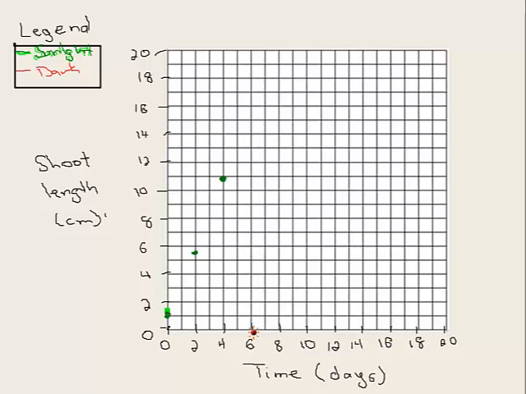So I go across to my 6-day mark for the next data, and it's 13.3. So I go up from 6 until we cross at 13.3. It's going to be about there. Eight was 15.1, so I'll go to 8 and then up to 15.1.